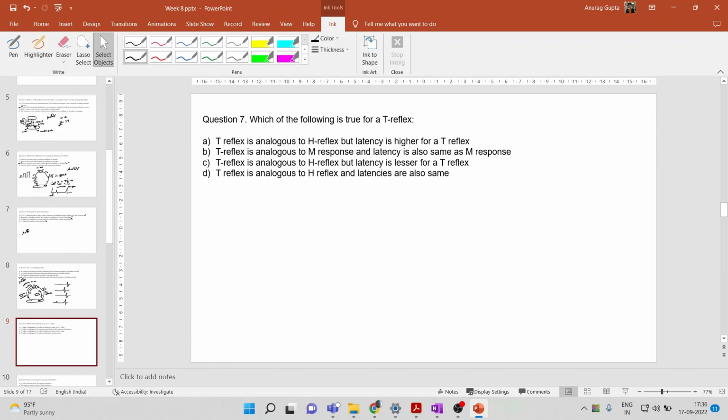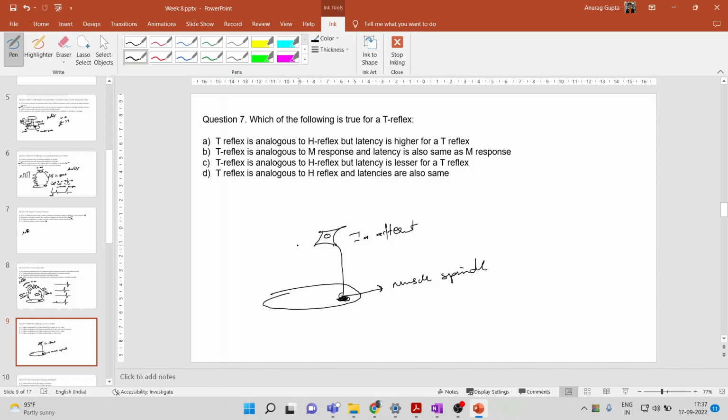So let us look at what a T reflex is. The situation is the same here. We have a 1A afferent. We have a muscle here. This is a muscle spindle.